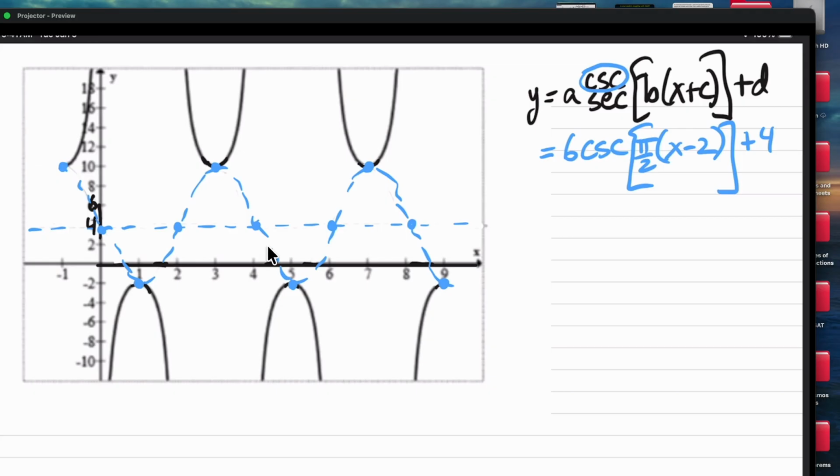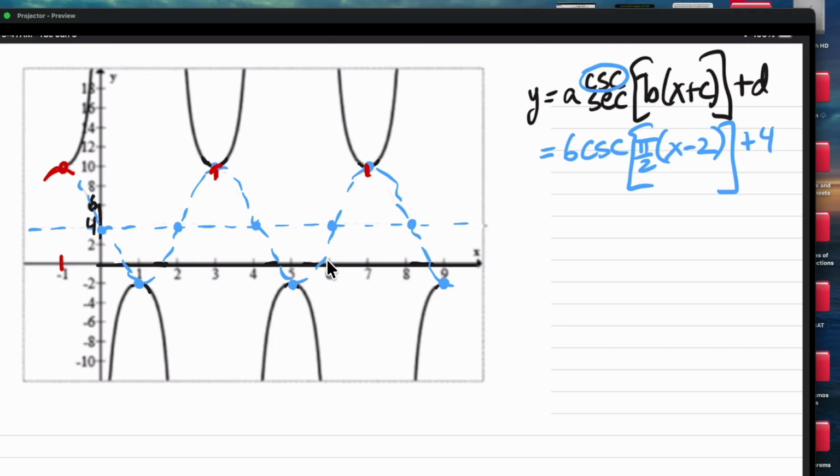So the cosine parent function at x equals 0 is going to have a high point at that level. So let's look here. This is the sinusoid graph. So we have a high point here at x equals -1, a high point here at x equals 3, and a high point here at x equals 7.